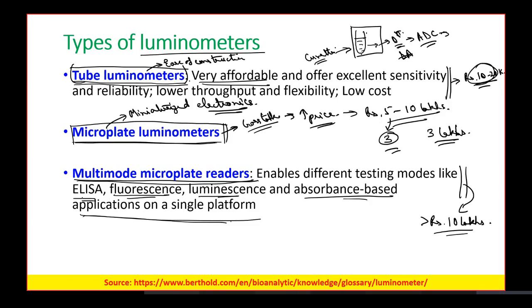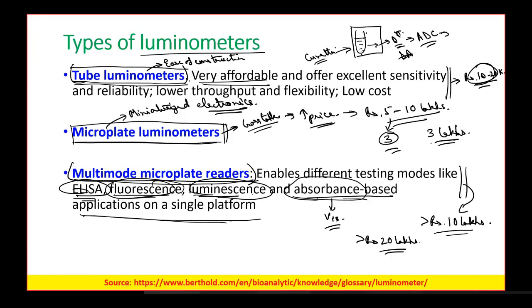However, if you try to get ELISA, fluorescence, luminometer, and UV-visible absorbance separately (basically over here visible absorbance is mainly checked), it would cost you more than rupees 20 lakhs. However, if you want to get it in a multi-mode system, it would cost approximately 10 lakhs. So that is the advantage.